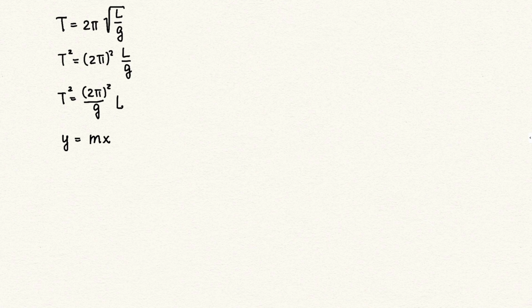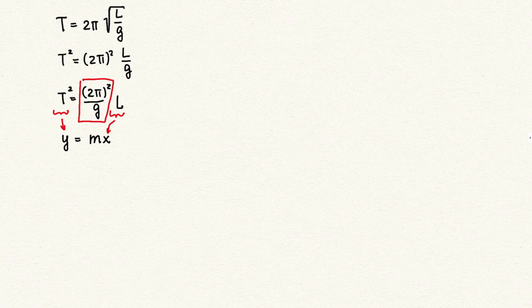So now let's take a look at our equation and notice that if we plot the length of the pendulum on the x-axis and T squared on the y-axis, then our slope will be equal to 4 pi squared over g. So if we know the slope of this line, we can actually calculate from the slope acceleration due to gravity.